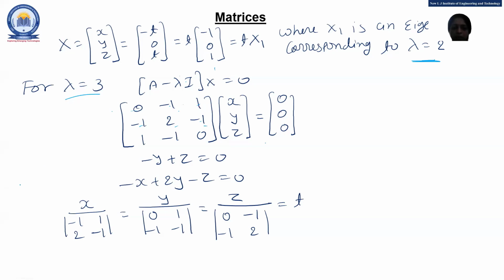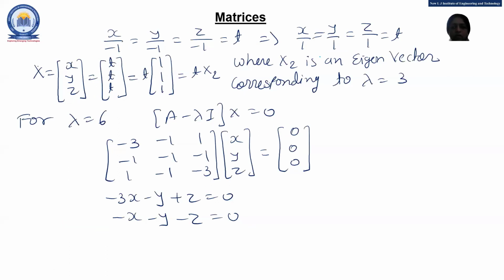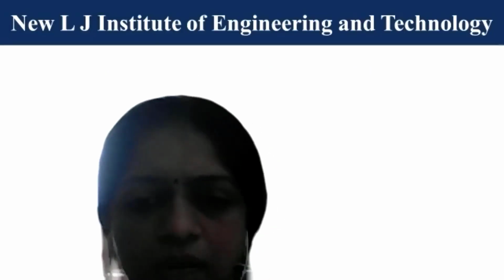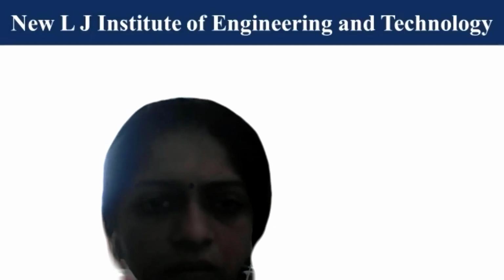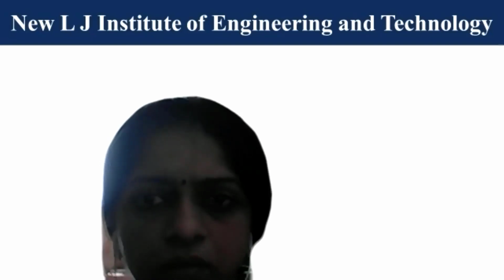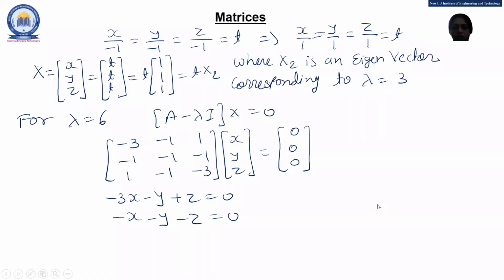And again by applying Cramer's rule, we have x equal to y equal to z, and all are the same. If I take t common, then that is 1, 1, and 1. So this 1, 1, 1, that is x2, is again an eigenvector corresponding to lambda equal to 3.